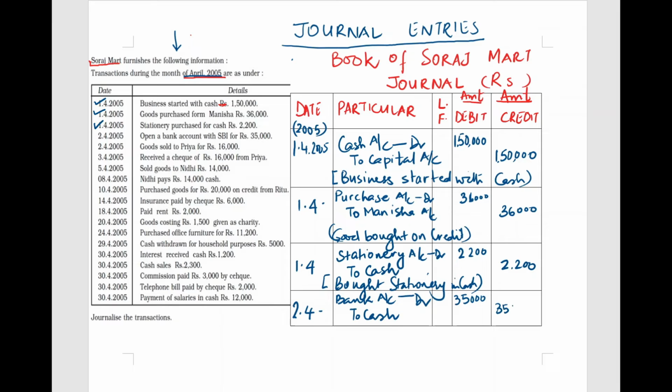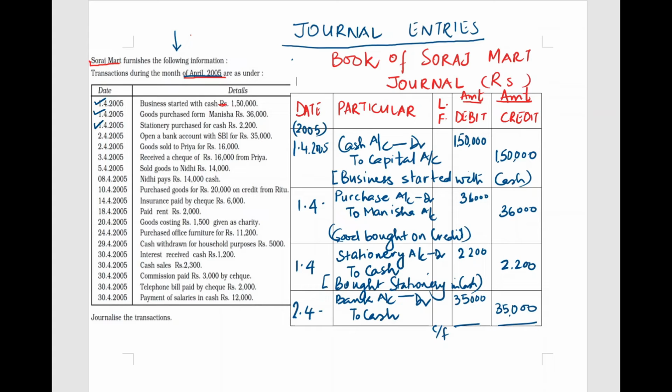This amount is 35,000, right guys? Now, for my convenience, I'll keep on adding one page, so that in the end, because these are split in different pages, I will just carry forward. I will just total this. Let me see how much it comes to. 150,000 plus 36,186 plus 2,200 plus 35,000.